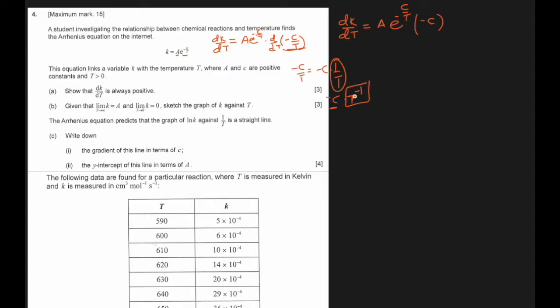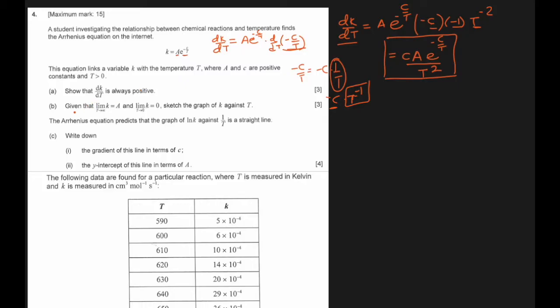For differentiating, the t to the power minus 1 will come in front, and the exponent of t will go down by 1, which is minus 2. So what are we left with? A e to the power minus c over t. This minus c and minus 1 will be plus c, so let me write c here, and t to the power minus 2, if I want to make it positive, t square. That's how it will become positive. It will become a denominator of all of it. This is dk over dt.